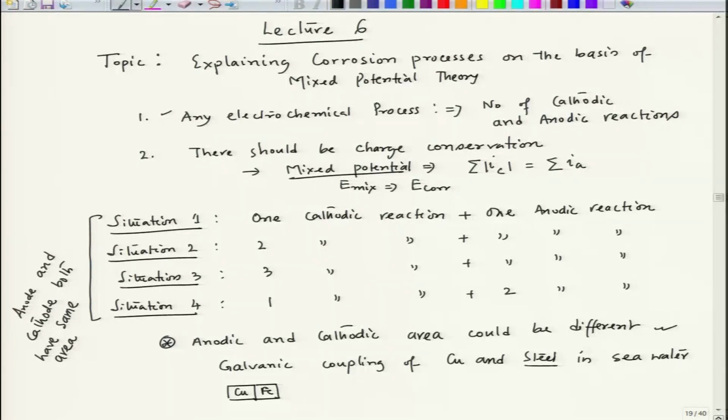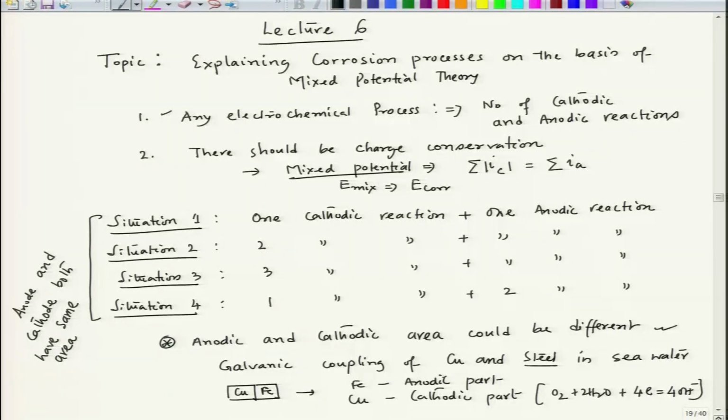If they have similar area, then the anodic part, which is the iron, would corrode, and copper is the cathodic part, which would get protected. The cathodic reaction is O2 plus H2O plus 4e equal to 4OH minus. This is the cathodic reaction that happens on that copper surface.